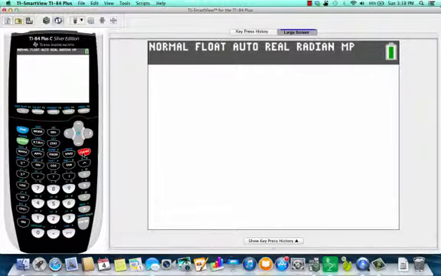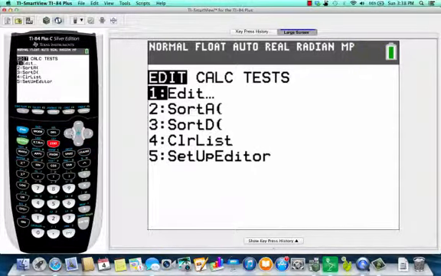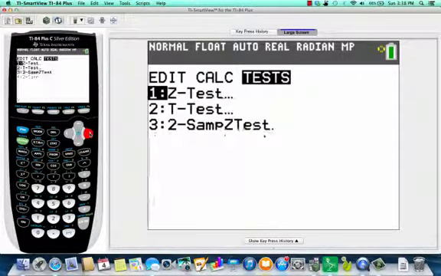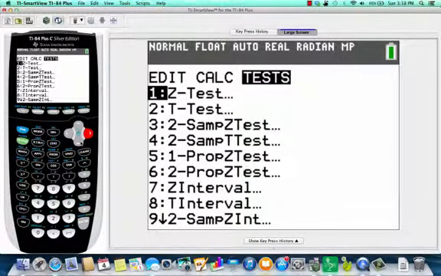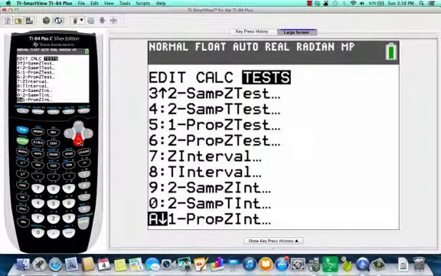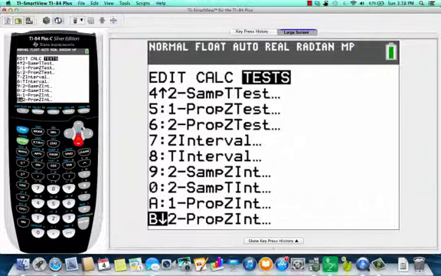Okay, so what we're going to do is go to Stat. We're going to go over to Test. And we are doing a 1 prop z interval, not the 1 prop z test. There it is, 1 prop z interval.